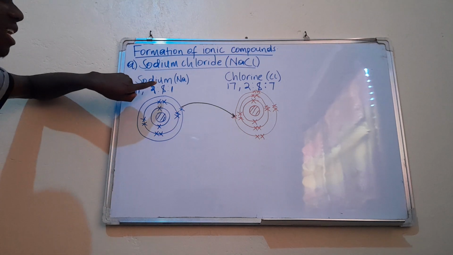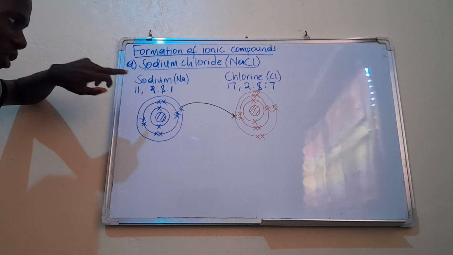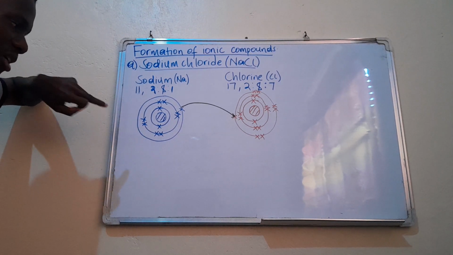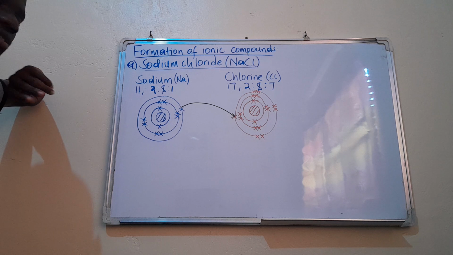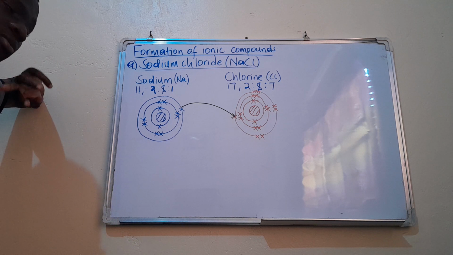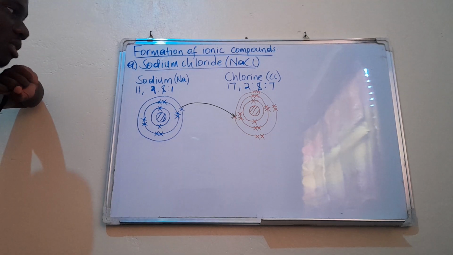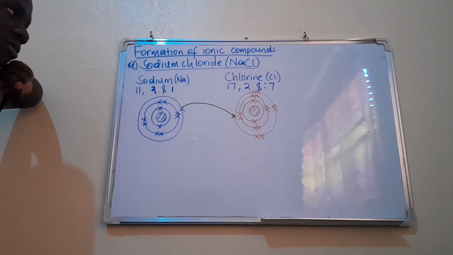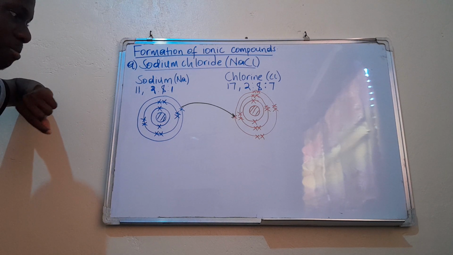If we had 2 unpaired electrons on the outermost shell of sodium, then we would transfer those 2 unpaired electrons to chlorine. But we have 1 unpaired electron in the outermost shell of sodium. The unpaired electrons are the ones which participate in bonding.